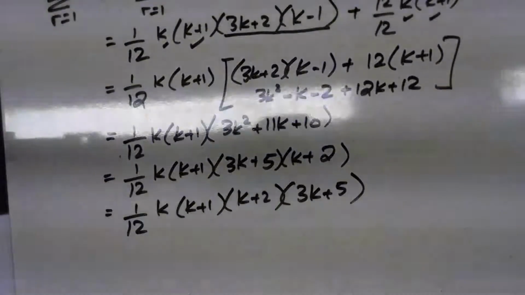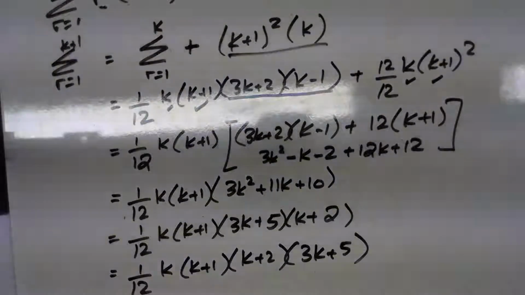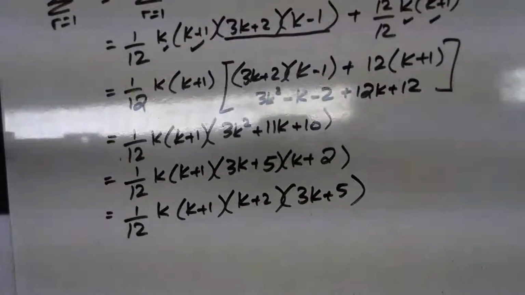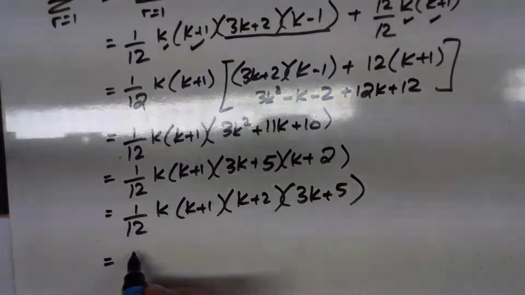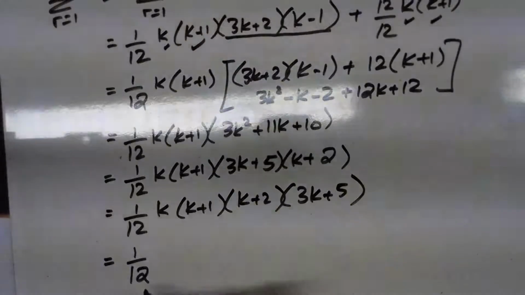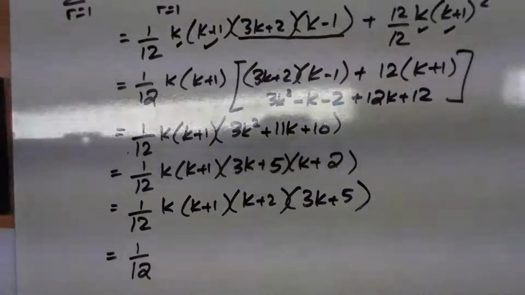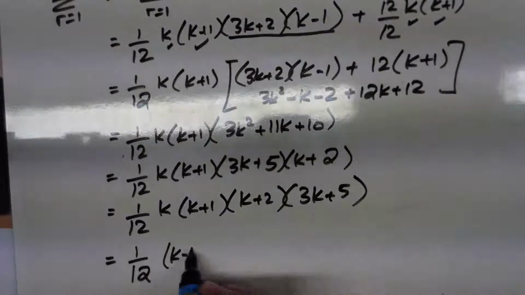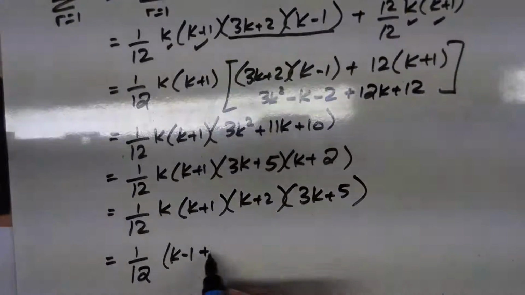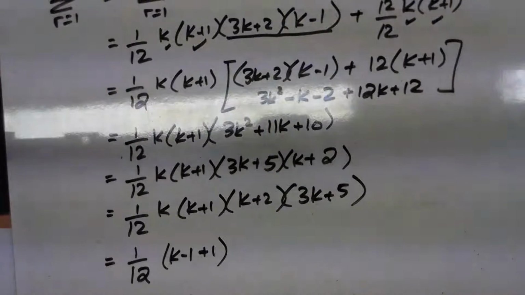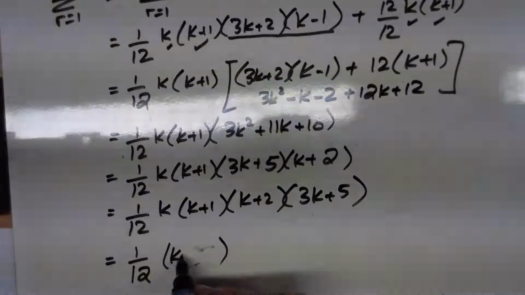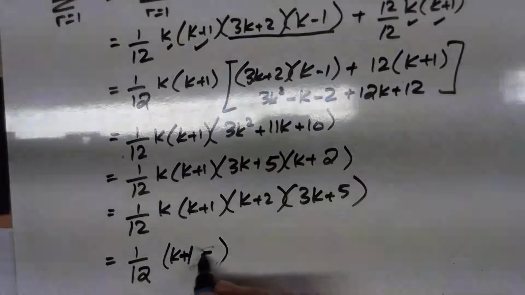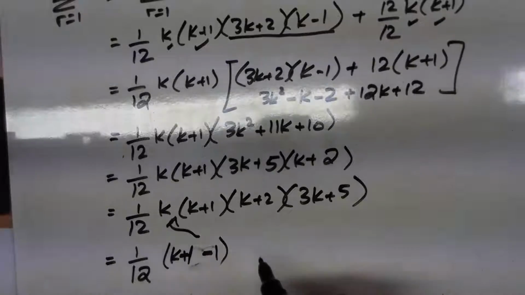And look back at the original one. I'm just reading this from the original thing now, which is 1/12 of, well, it was k minus 1, the one on the end, plus 1. So, say again. K plus 1 minus 1, and that's that one there.